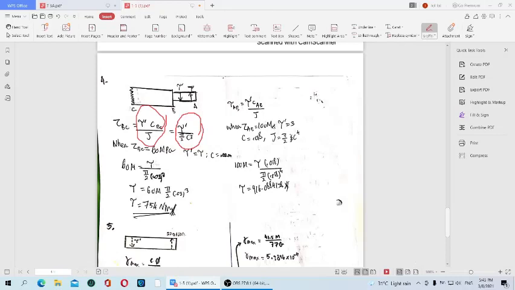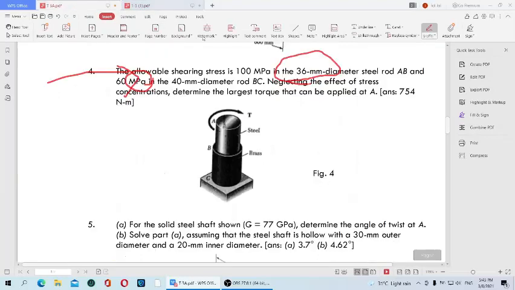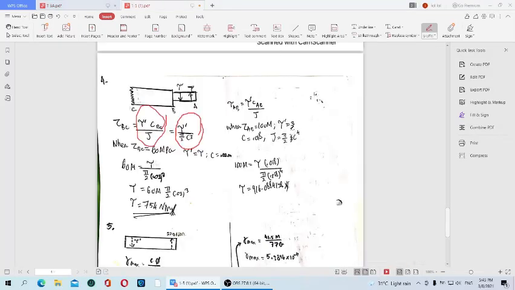You will have an internal torque that you don't know. You will have the value of C in meters, 0.018, which you get from the diameter. Then you will have J, which is pi over 2 C to the power of 4. In this case, I'm not simplifying the equation, so you will have 0.018 in the upper side and 0.018 to the power of 4 in the lower side. Thus, you calculate and get this value.